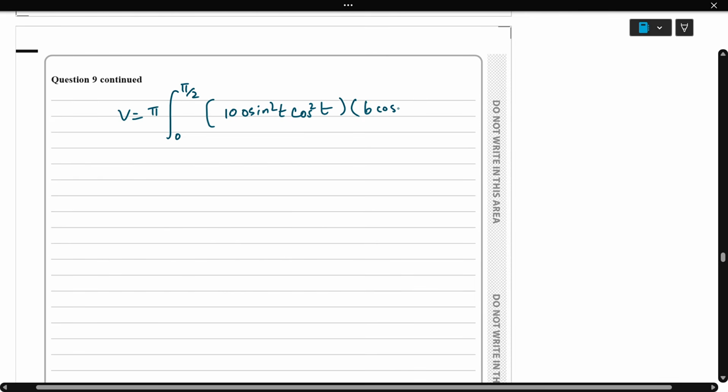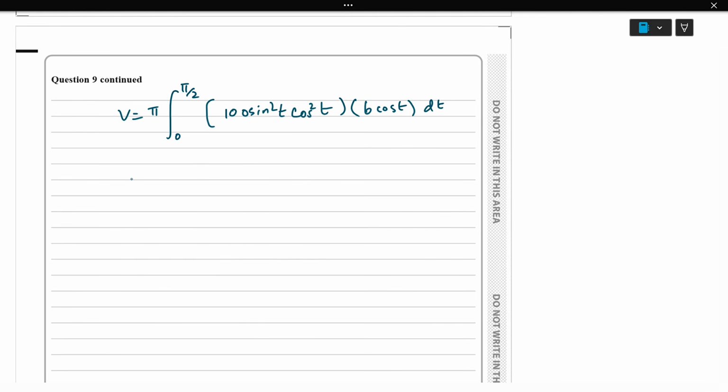So 100 times 6 is 600, and we can take 600 pi as a constant, the integral from 0 to pi by 2 of sin squared t cos squared t into cos t, which is cos cubed t dt.